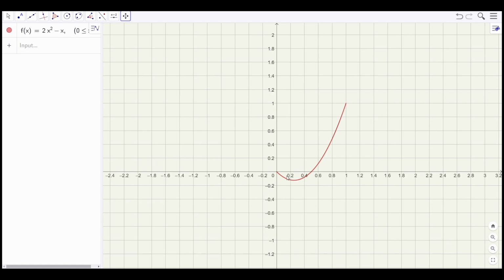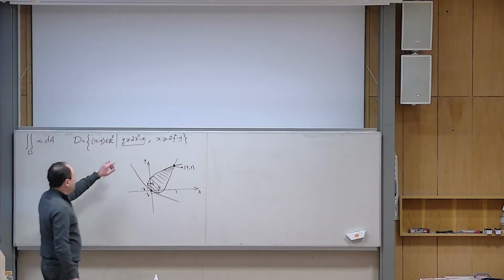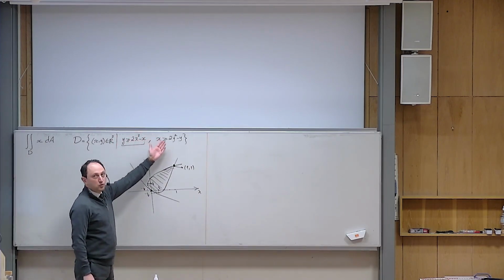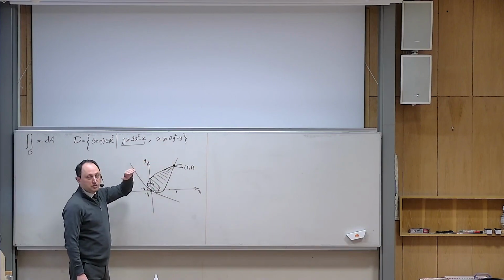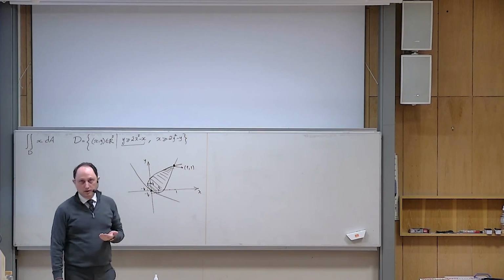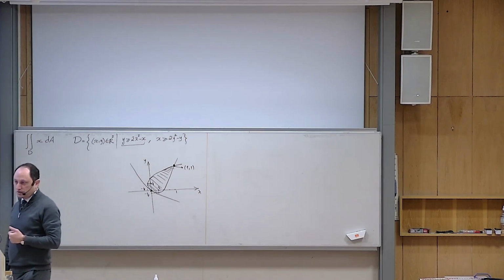Okay, so I want to do the same thing with GeoGebra, but I want to use a trick, because I remember that. By the way, you know that if x and y are interchanged and one equation is transformed to the other equation, it means that they are symmetric with respect to the line y equals x. Okay, so I want to use this trick.